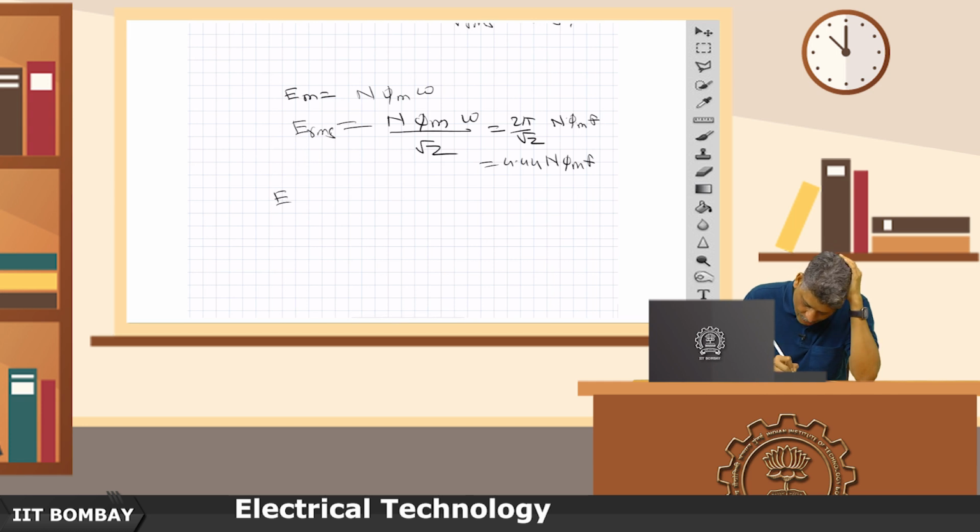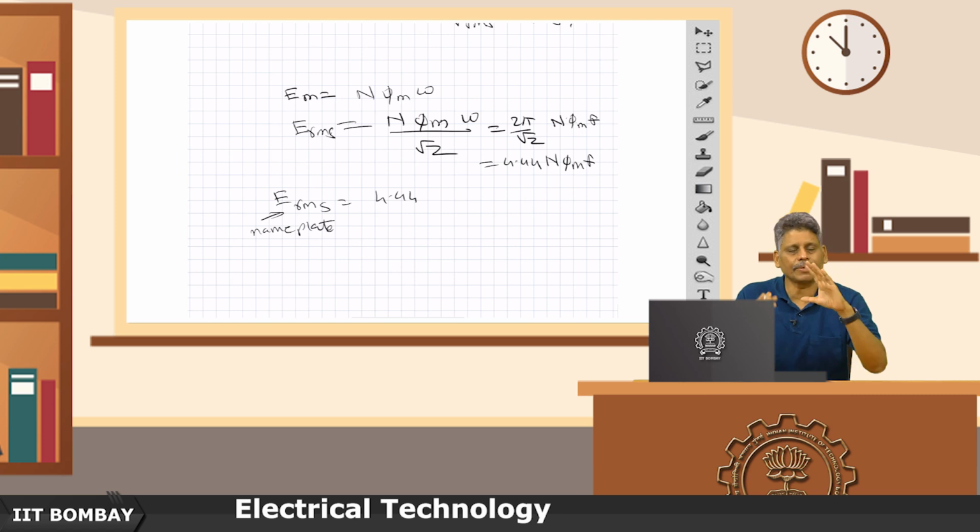This is what the nameplate rating specifies. Whatever is printed on the machine is called the nameplate. So, the nameplate rating usually specifies this 4.44 n phi m f.